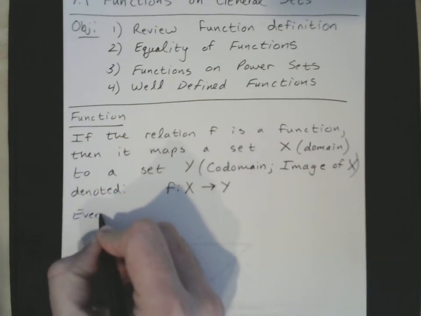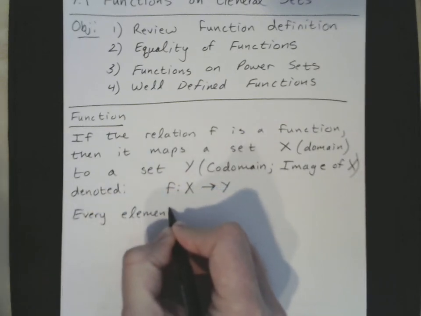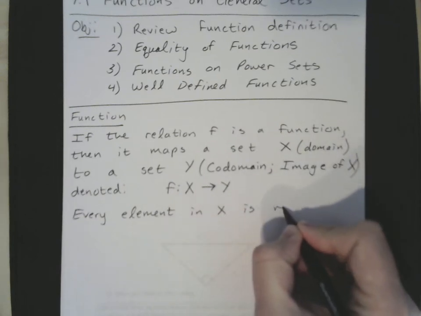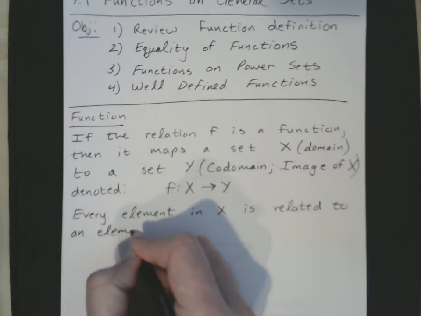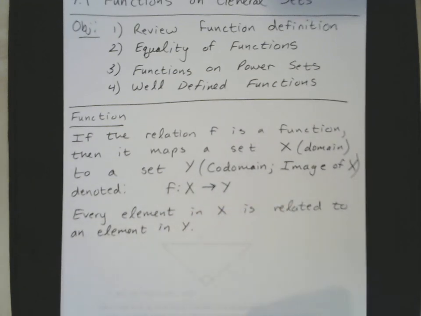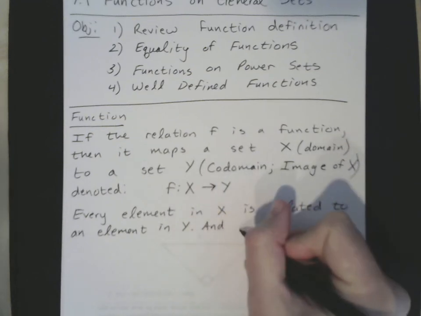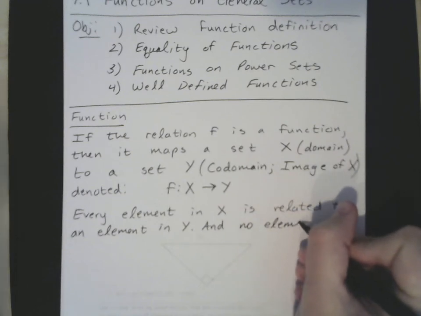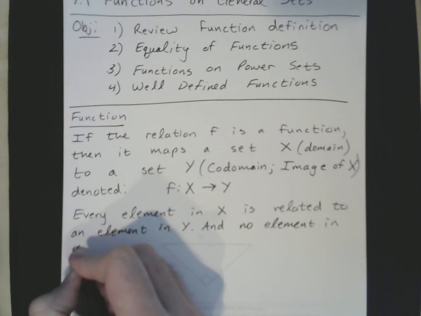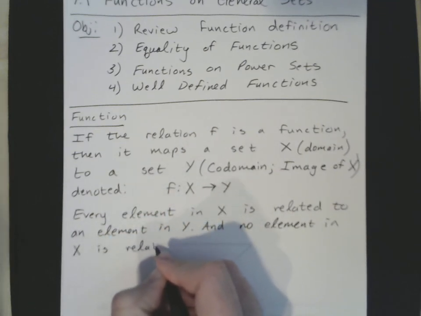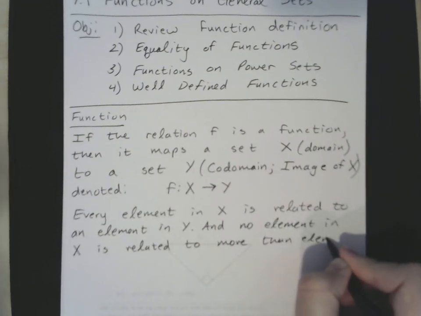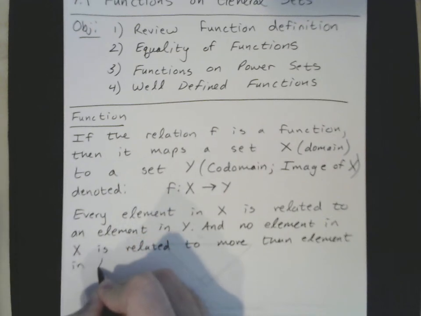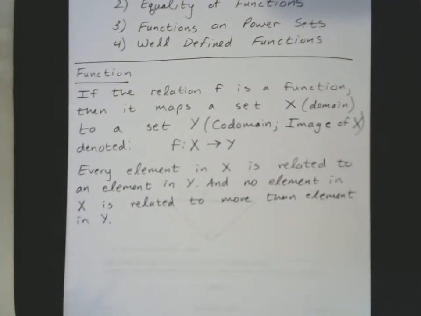And every element in X is related to an element in Y, and no element in X is related to more than one element in Y. So this is just kind of the set theory version of, for each input, there's one and only one output.